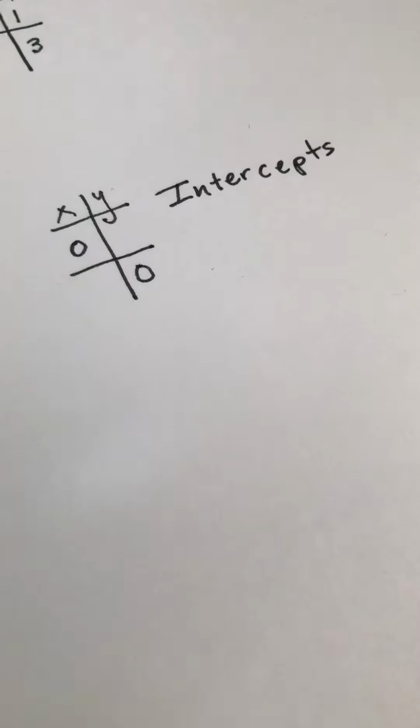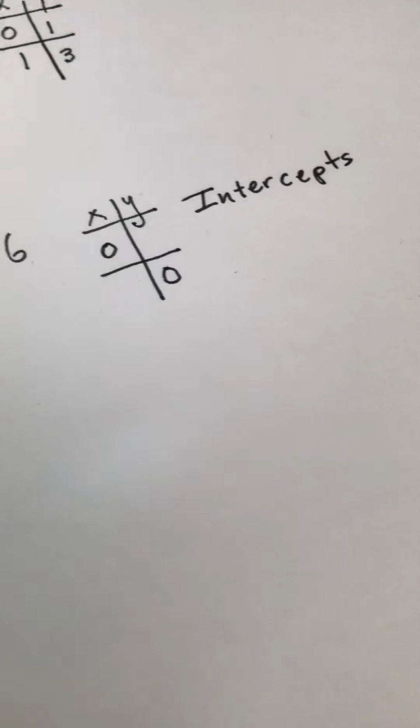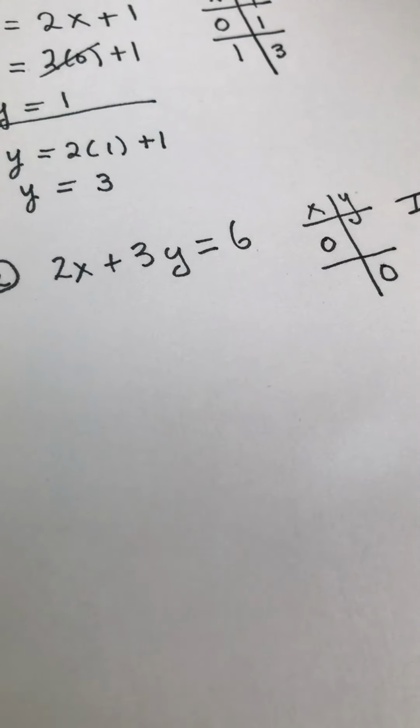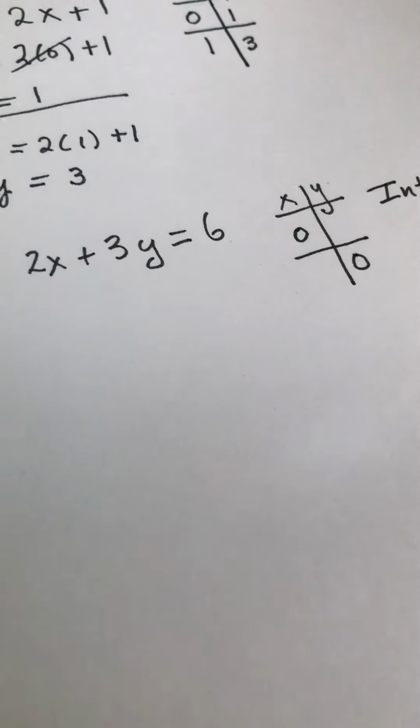Those are where you let x equal 0 and find y, and let y equal 0 and find x. So whenever it's in this form, that is one of the best ways to graph this equation.